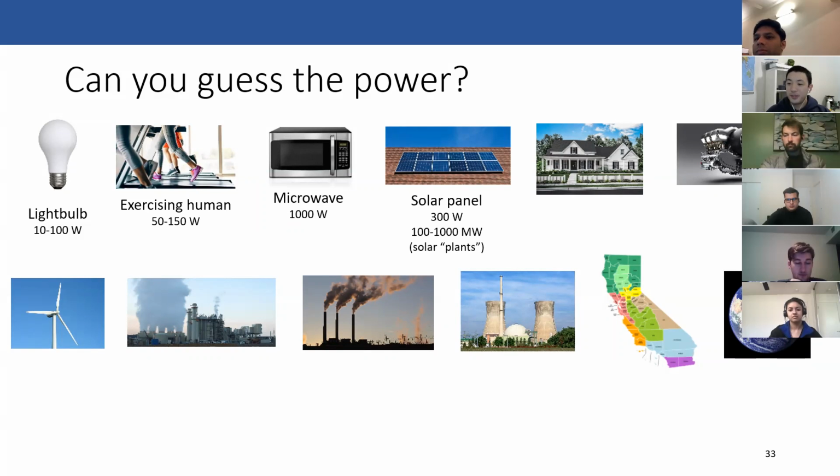Okay, a solar panel. So a single solar panel, which, okay, this image is maybe a little bit deceptive because that's like multiple panels. But a single one of those rectangles is on the order of 300 watts.